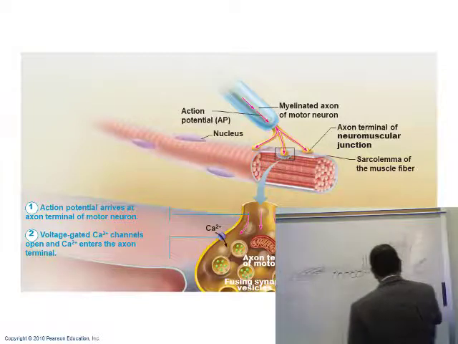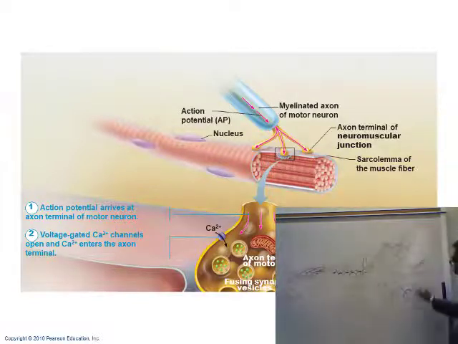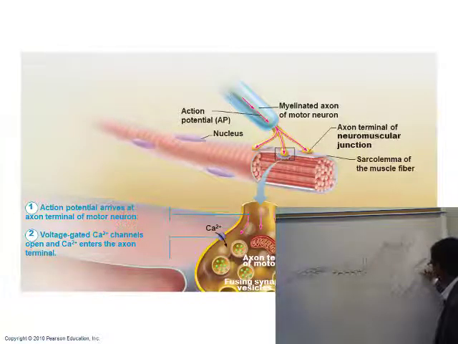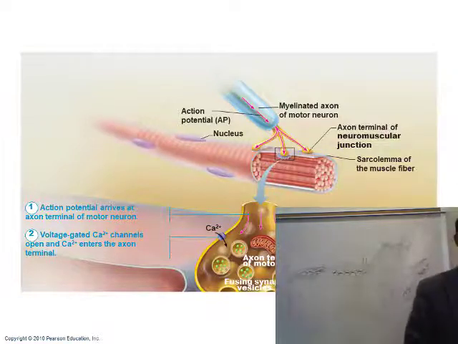That is the neuromuscular junction. Where the axon terminal meets the muscle fiber. Okay, so this is the meeting point, neuromuscular junction.